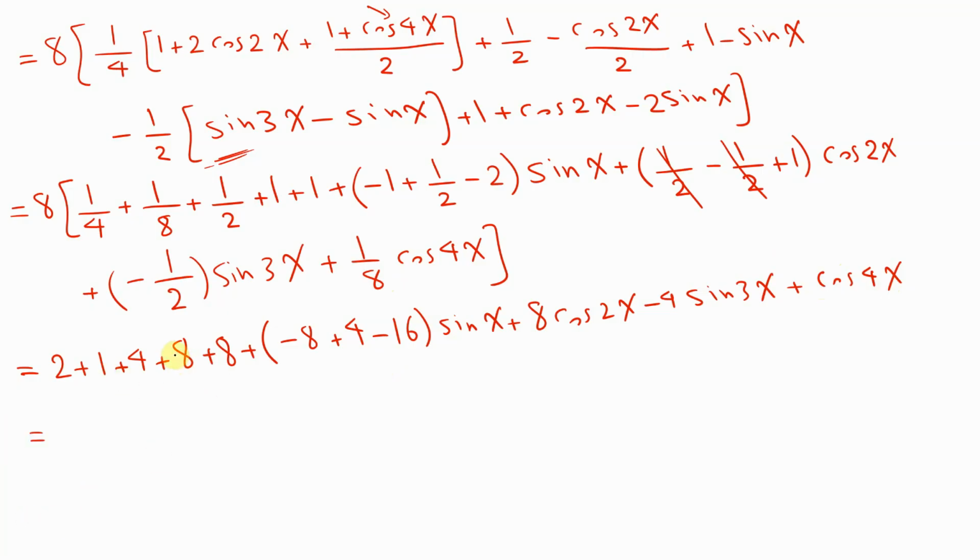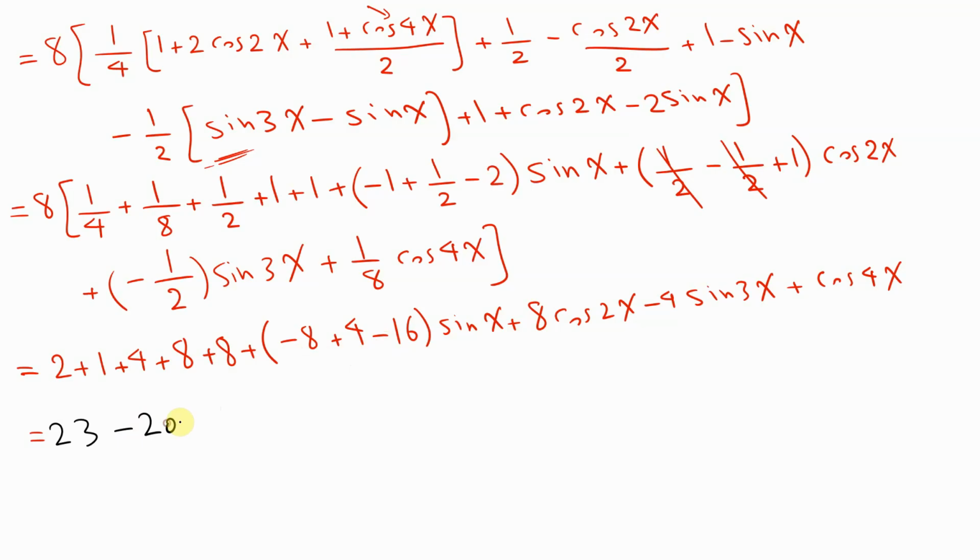This is 8 plus 2, 10, 18, plus this 4, 22, 23. And how about this one? Negative 16 plus 4, negative 12, plus negative 8, negative 20.